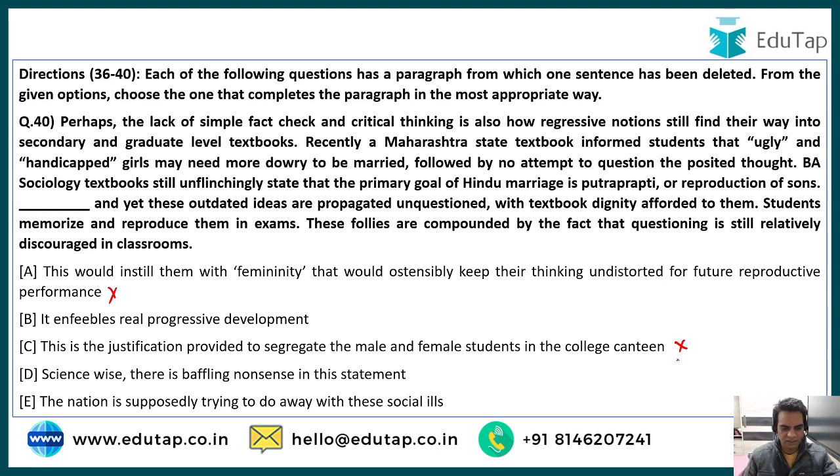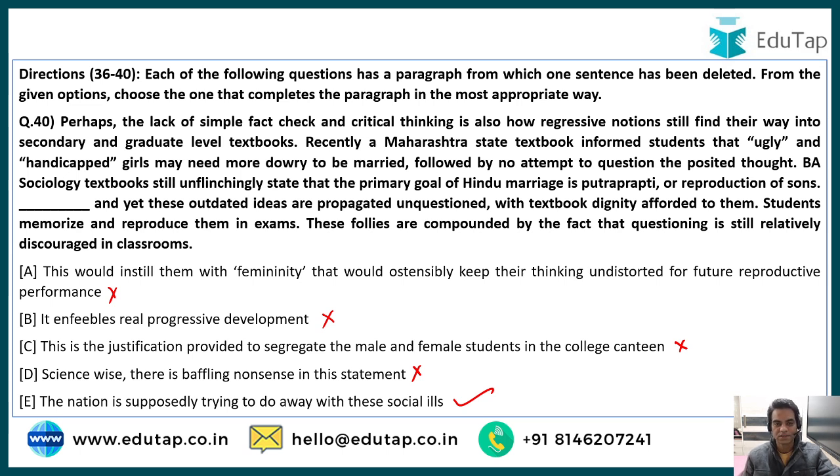Science-wise, there is baffling nonsense in this statement, and yet these outdated ideas are propagated unquestioned. This baffling no, there was not a statement. There were few instances, so we can eliminate that, guys. Then the nation is supposedly trying to do away with these social ills, and yet yes, guys, that makes sense here. So my option is readily option number E. The nation is supposedly trying to do away. That means they're trying to get away with these social ills, and yet these outdated ideas are propagated unquestioned. That is my answer, guys.